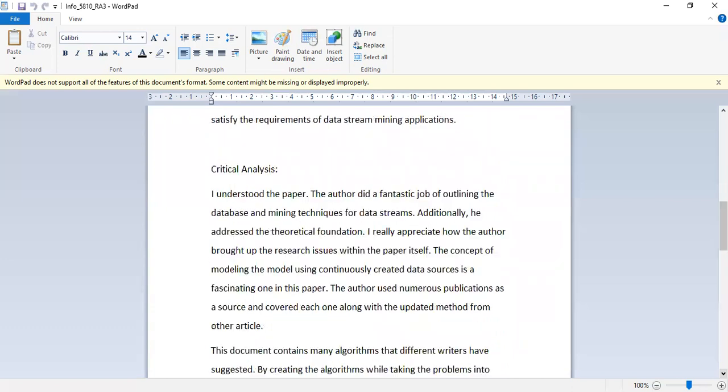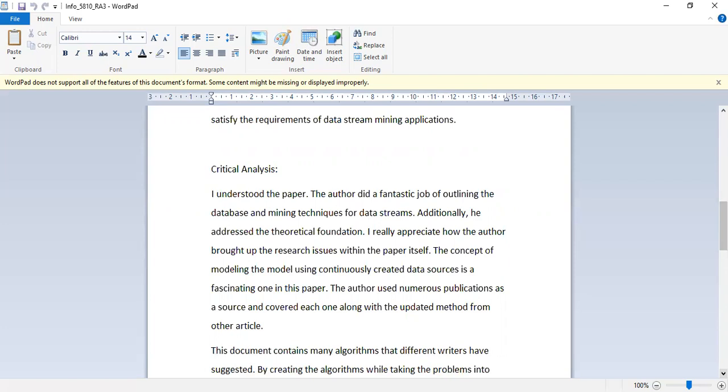So, coming to the critical analysis, I pretty much understood the paper. After reading the abstract, I came to the idea of what exactly the author explained in this paper. The author did a fantastic job of outlining the database and mining techniques of data streams. Additionally, he addressed the theoretical foundation as well. I really appreciate how the author brought up the research ideas and also the issues within the paper itself.